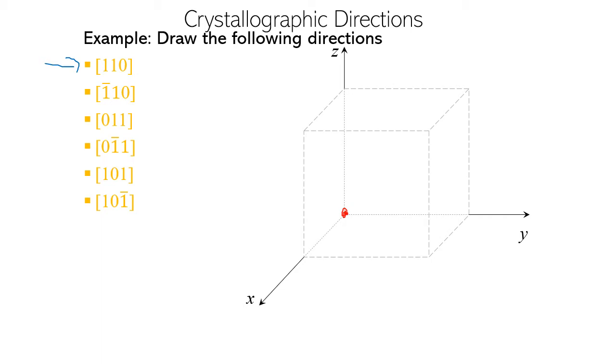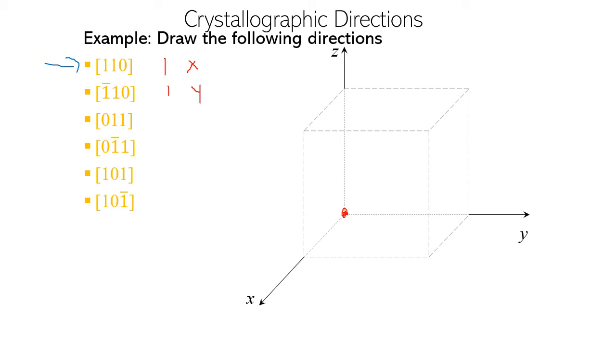Okay, so 1, 1, 0 means one along x and one along y. That's all it means. So I can follow any sequence. So first we will follow x and then y, and later on we will follow y and then x. Finally we will get the same direction.